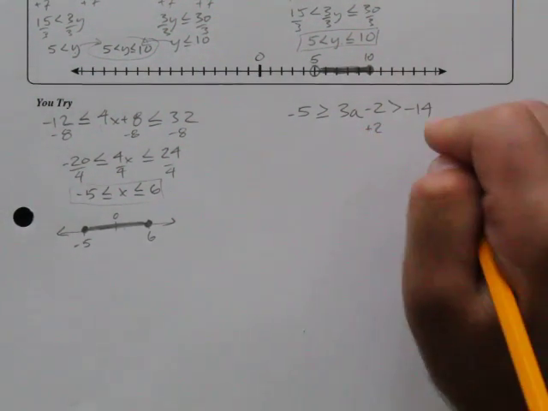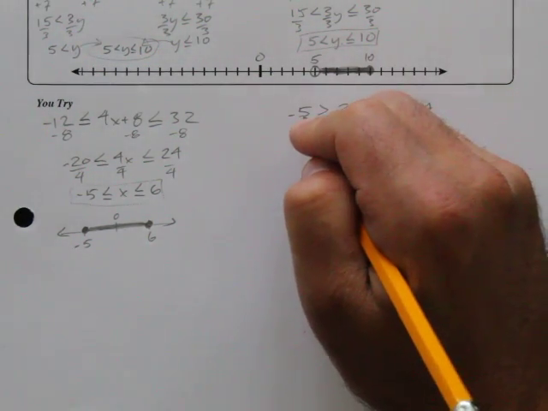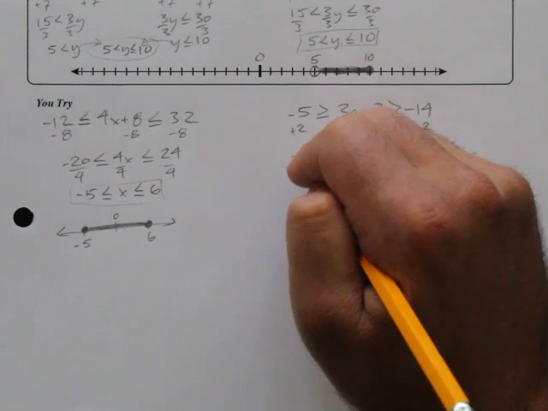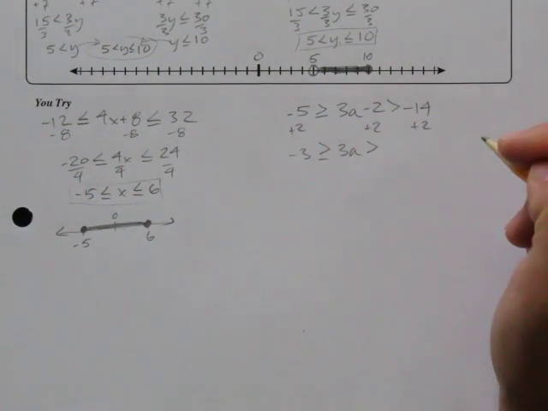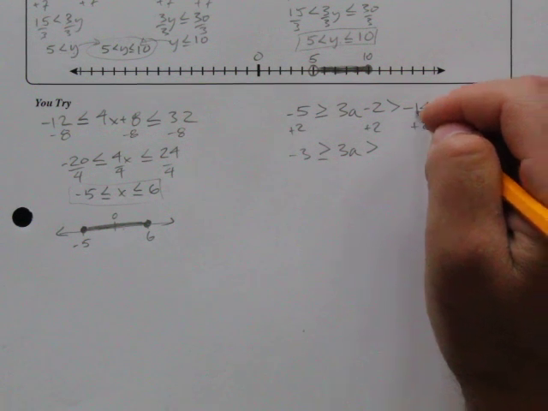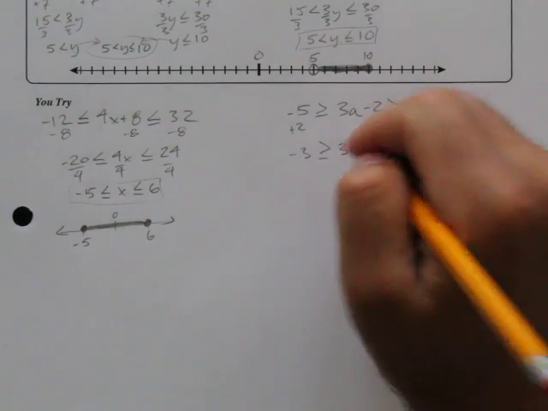Let's look at this one over here. I'm going to add 2 to everything. Negative 5 plus 2 is negative 3, is greater than or equal to 3a is greater than negative 14, and positive 2 is negative 12. Divide everything by 3.